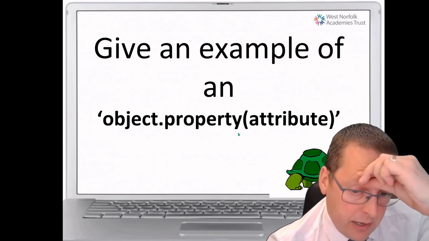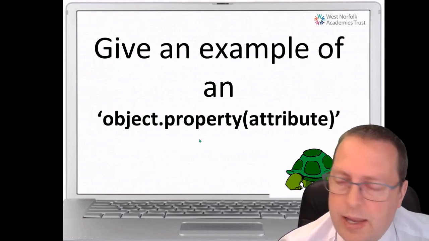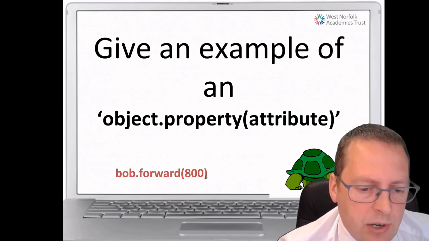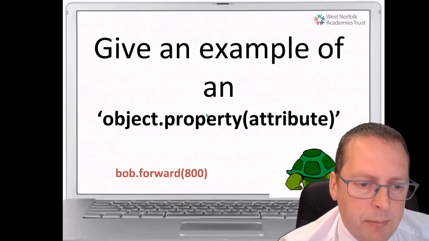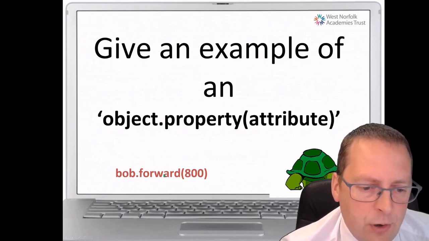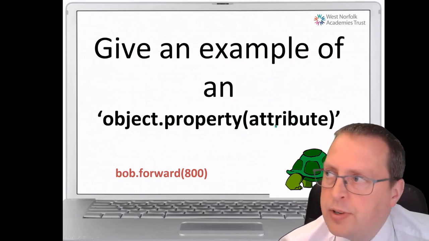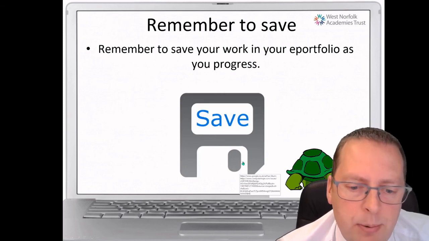We'll just pause for a second while we come up with a solution. Okay, you might even have something like bob.forward 800. So here's the object, which is Bob. So we're controlling Bob. The property is we're telling it to go forward, and how far we want it to go forward is 800. So what you need to do today is remember to save your work in your ePortfolio.